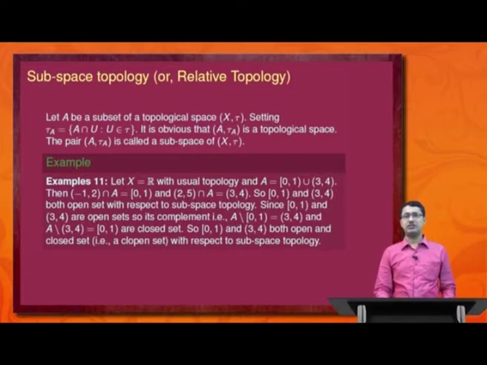That means (3, 4) is an open set as well as a closed set. So both sets [0, 1) and (3, 4) are open and closed. So this is called a clopen set, clopen sets with respect to subspace topology.